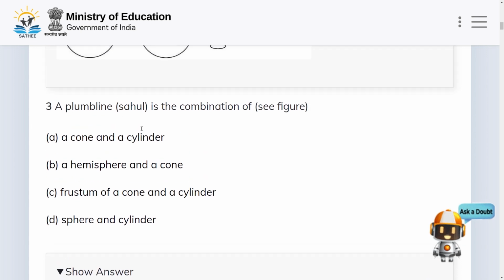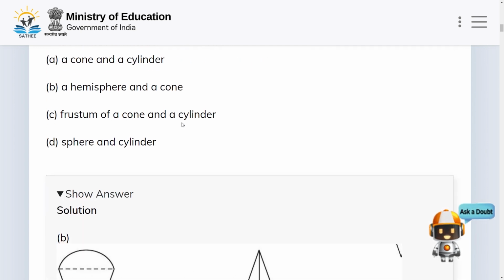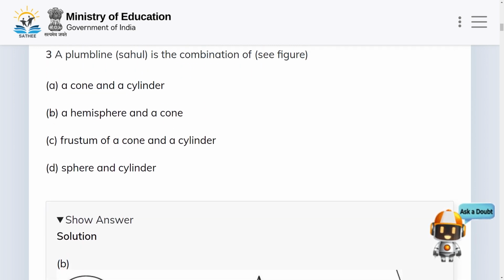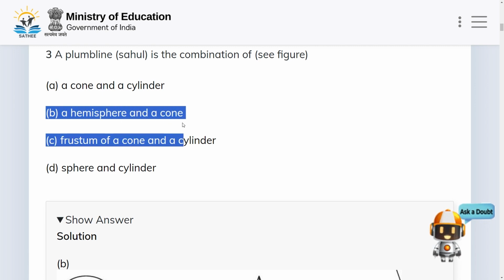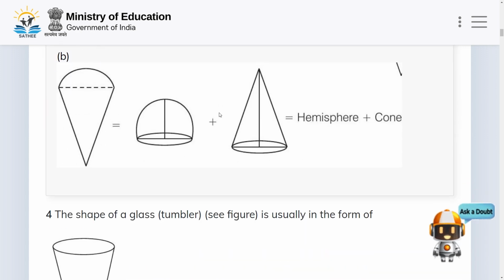So this plumb line, also known as a sahul, is the combination of a hemisphere and a cone. For this question, option B is correct, which says a hemisphere and a cone. So a plumb line is the combination of a hemisphere and a cone. And now let us move to the next problem.